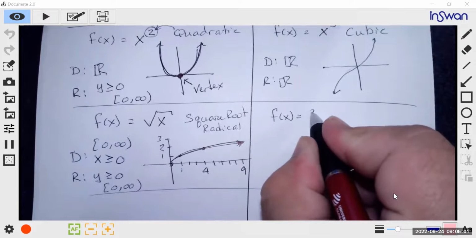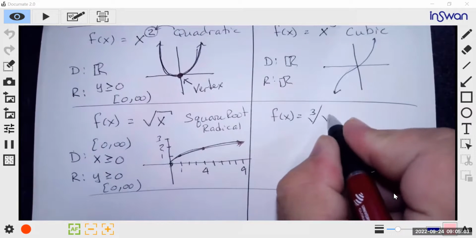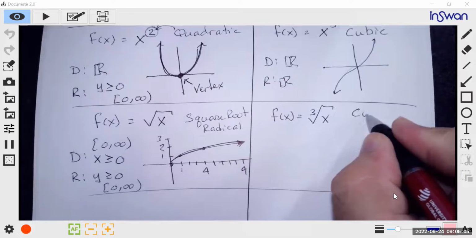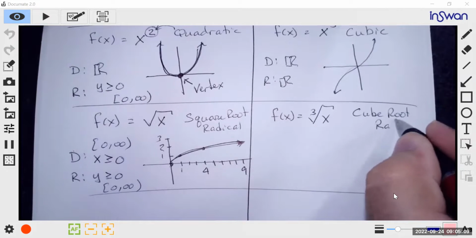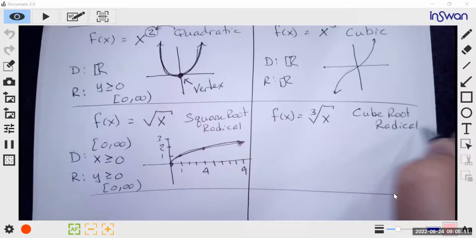The next one is called a cube root. Radical.